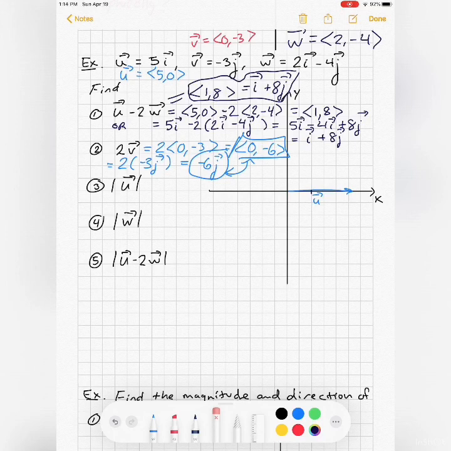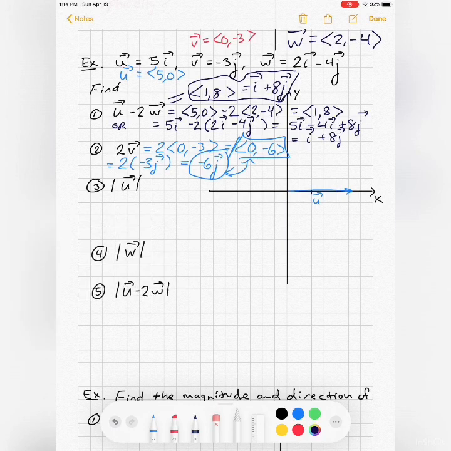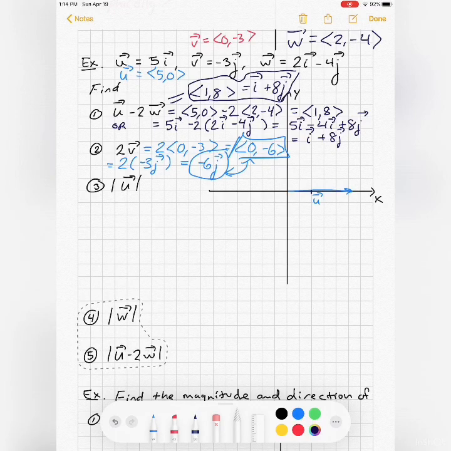Okay, so as you might have guessed, the magnitude of a vector, again, that's the absolute value. So we're really measuring distance.